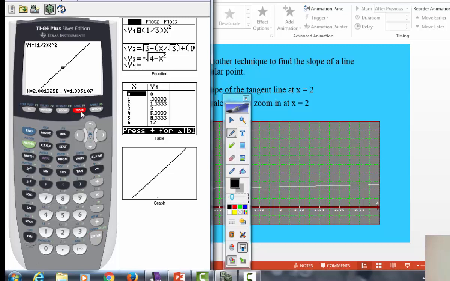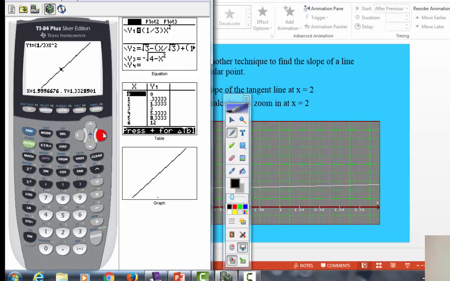So now I can pick up 2 points on this line. I'm going to choose one point that's below x equals 2, so I could choose this value. I have an x and a y value now. And if I chose those 2 values, which is 1.9996 and 1.3328, that would be 1 point on the graph.